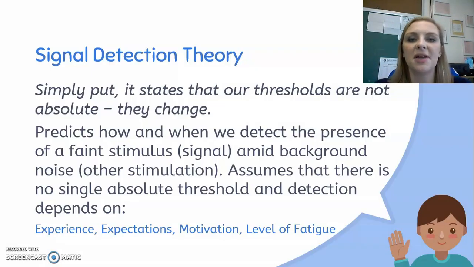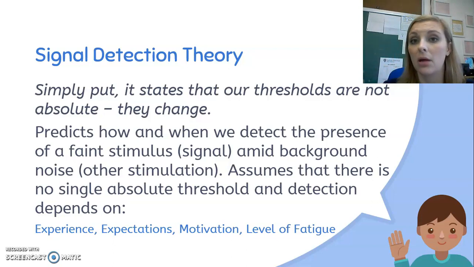Okay, signal detection theory. Simply put, it's saying that these thresholds that we've talked about are not absolute. They change. If we are expecting or motivated to find a difference or detect a stimuli, we're going to notice it more often than if we aren't expecting it, right? So let's use an example.